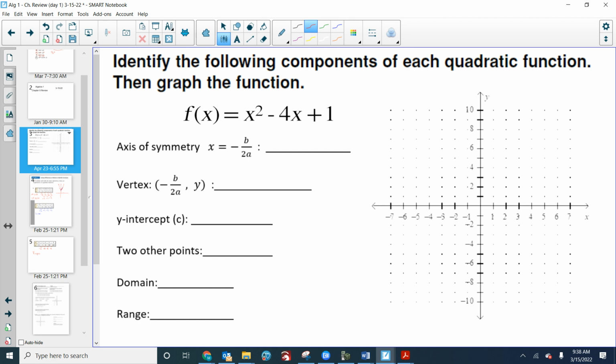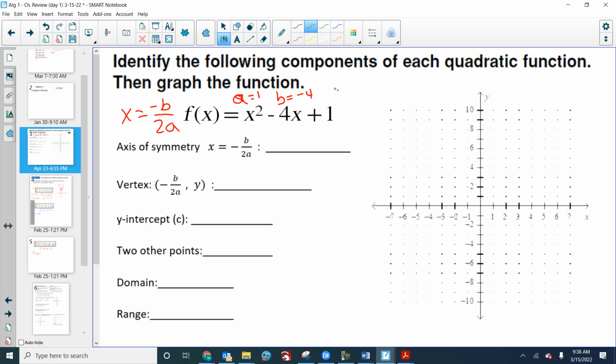You have to know that on the quiz. You have to know this. Okay. So what's a here, guys, in this equation? A equals 1. What's b?